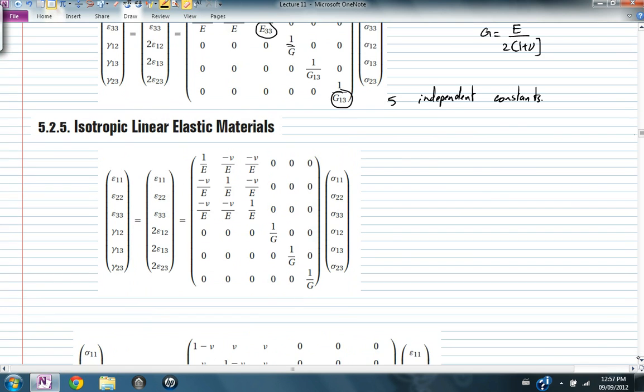For isotropic linear elastic materials, as we already know, we need 2 independent constants. Those 2 constants are E and Poisson's ratio. G, as we know, is dependent on both because it's equal to E divided by 2 times (1 plus Poisson's ratio).